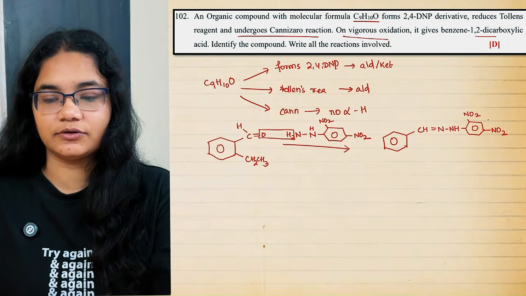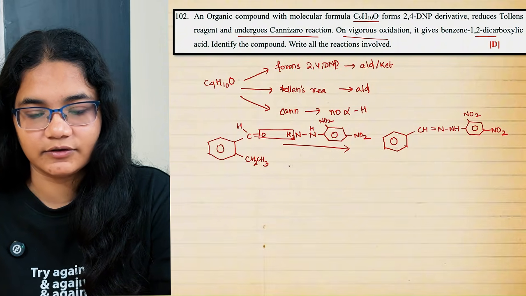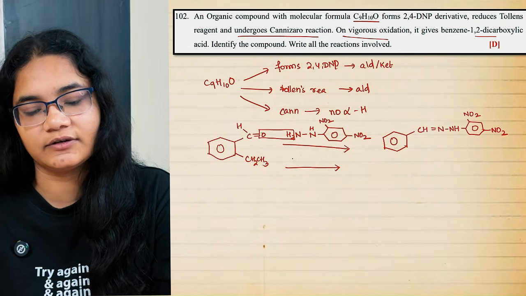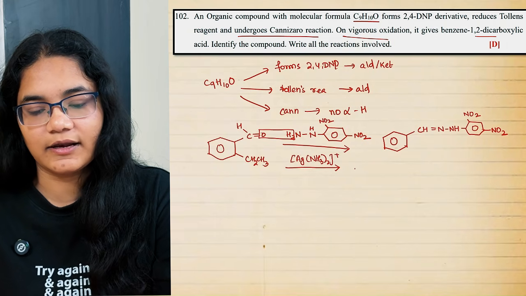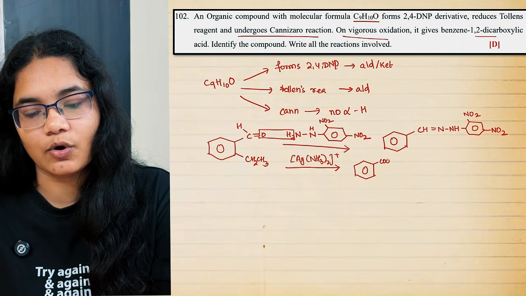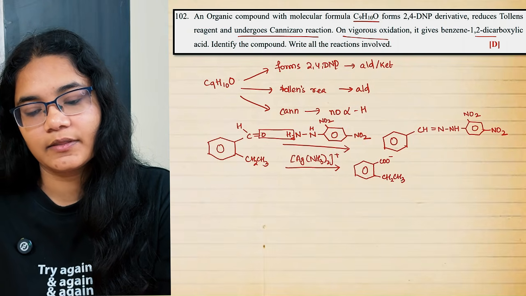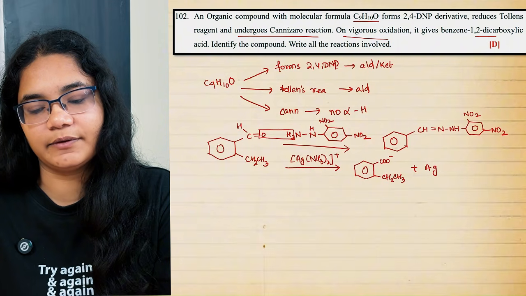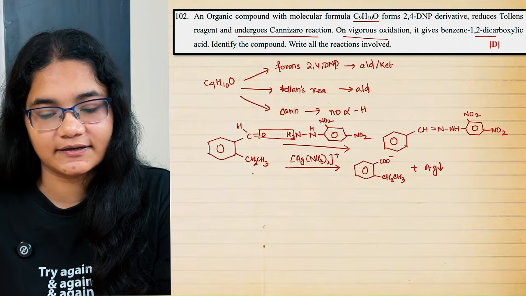That's the first reaction. Now the second reaction is that it reduces Tollens reagent. So if I react it with Tollens reagent, I have to react with Ag(NH3)2 plus. So this aldehyde group gets converted to a salt, COO minus, and you have CH2CH3, plus Ag as a precipitate is formed here. The next one is that it undergoes Cannizzaro reaction.